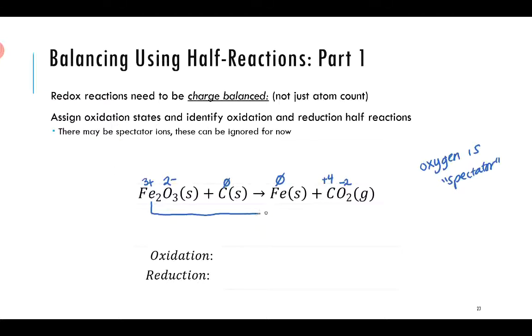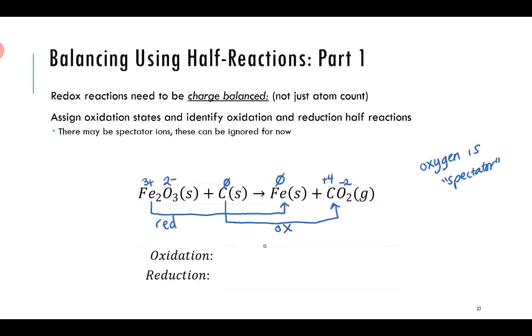Iron is changing from iron 3+ to iron 0. And carbon is changing from carbon 0 to carbon 4+. So 3+ to 0 is going down, and so that's reduction. And then carbon 0 to carbon 4+ is going more positive, and so that's oxidation.